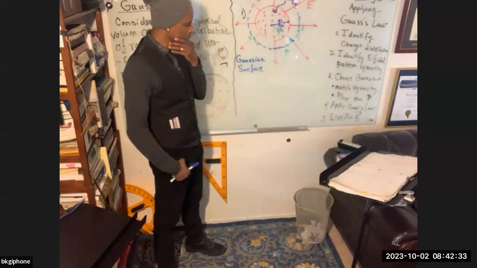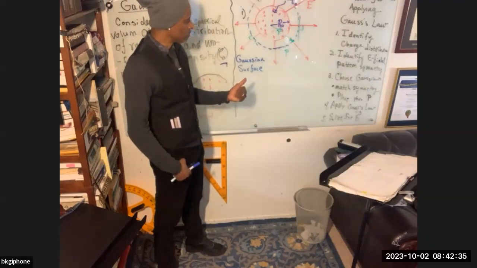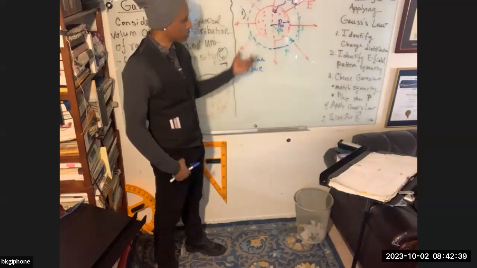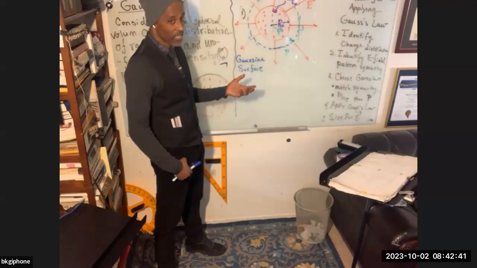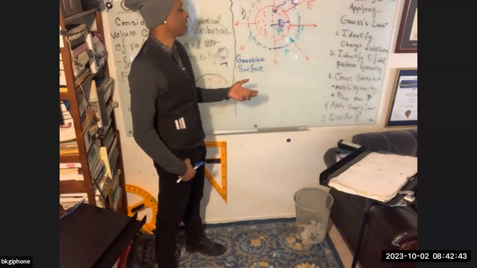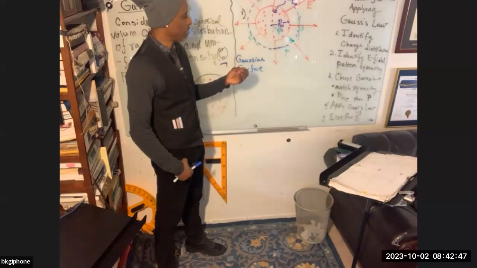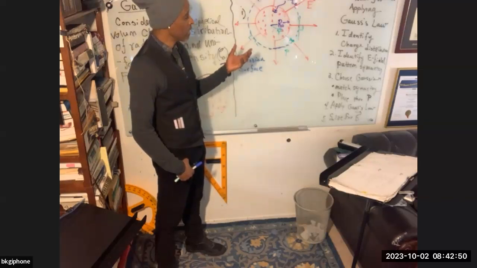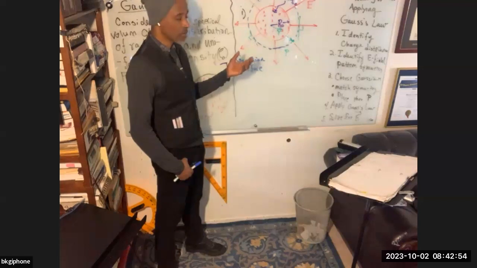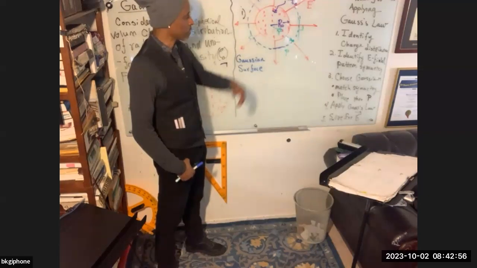So: high symmetry, matching the shape, E field is constant on the surface, the same value everywhere on the surface. And the interaction of the area vector associated with the surface and E can be determined because we know the angle that E makes with the surface.